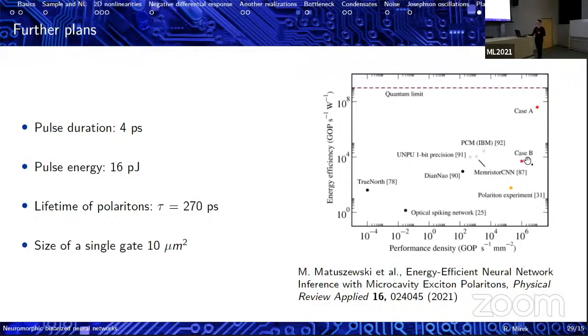This is the very realistic case where we just change the excitation, because now we are exciting with very high energy. I didn't mention this, but we can also excite resonantly in this condensate, with the energy of the condensate, and then we are not losing so much energy as in this case. So it's quite easy to go to this point, and this is our goal for now.